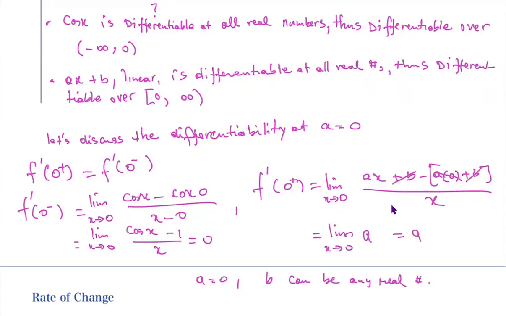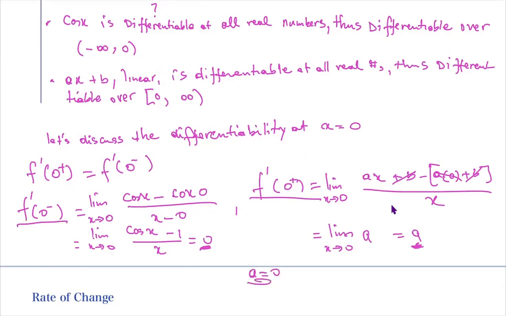a being a constant, the limit as x approaches 0 of a is a. So that means if f prime of 0 minus is the same as f prime of 0 plus, then 0 equals a, so a equals 0. In this case, this condition is sufficient for the function to be differentiable.